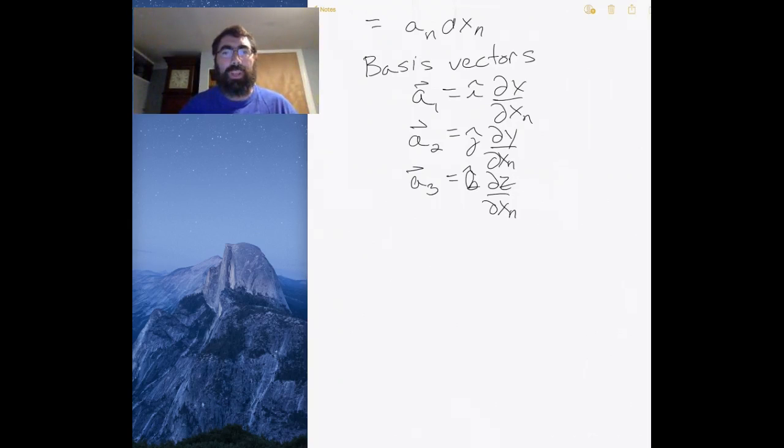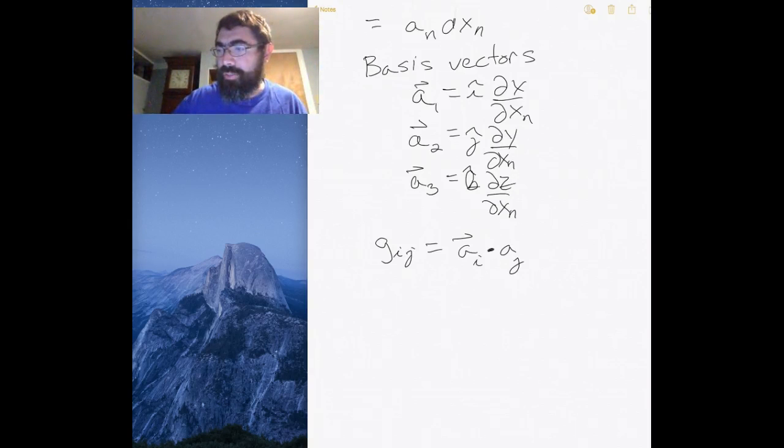And so, okay, we said earlier in the class that the metric tensor, Gij, was the product of these two basis vectors, the basis vector i and the basis vector j.